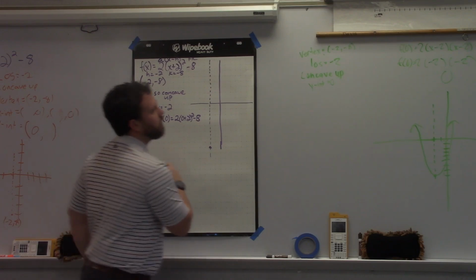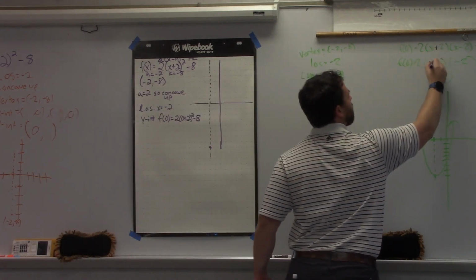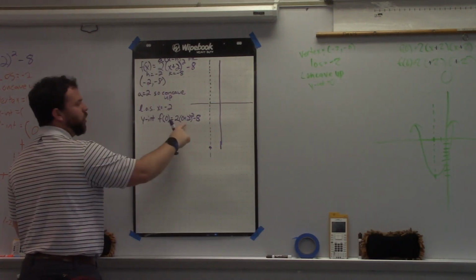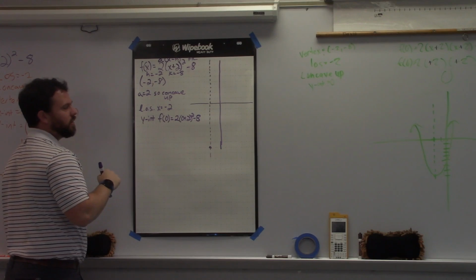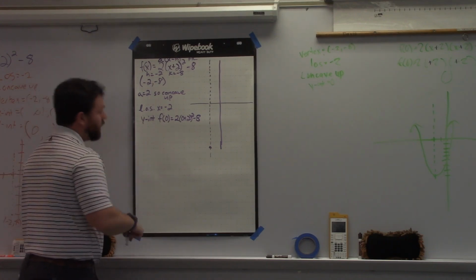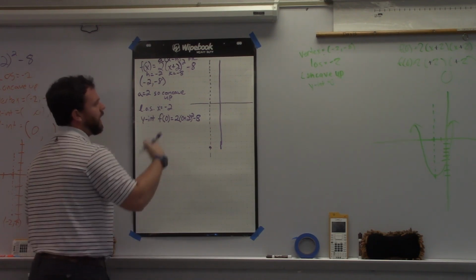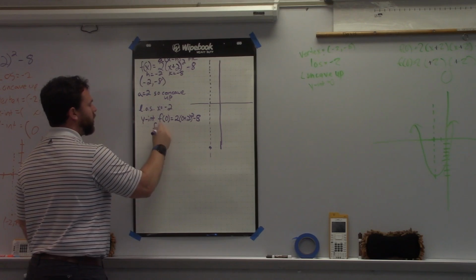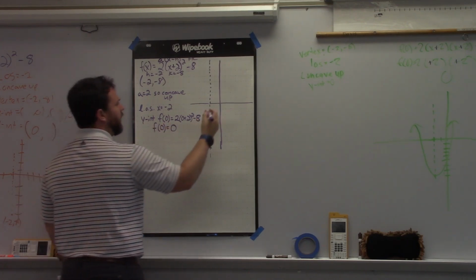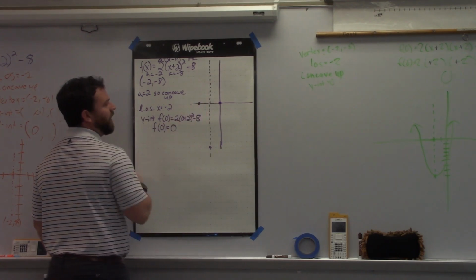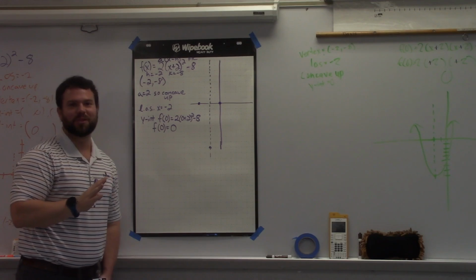No. Gotta be careful. Okay, so 0 plus 2, what is 0 plus 2? 2, woo, 2 squared. 4, 2 times 4. 8 minus 8. 0. And so the input of 0 has an output of 0, which is how some groups found the other x-intercept. Did not intend for it to work out that way.